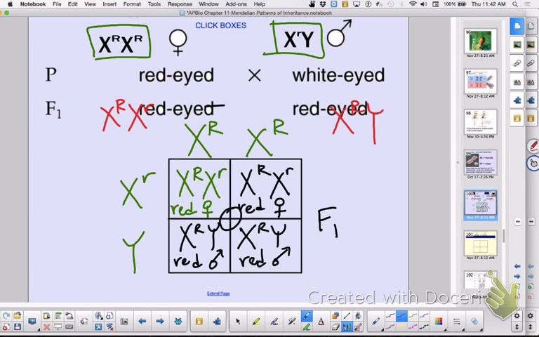Now let's cross the F1s and make some F2s. So cross these F1s in red that I wrote up there, and now do your Punnett square and make some F2s.